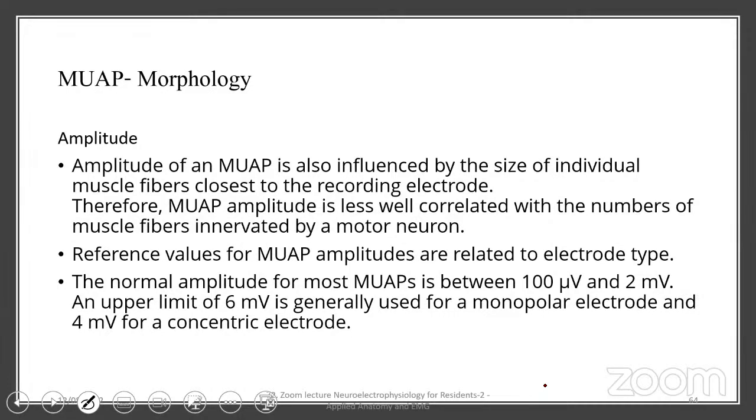So reference values of MUAP amplitudes are related to the electrode type. The normal MUAP amplitude is between 100 microvolts and 2 millivolts. If it is more than 5, we call it giant. An upper limit of 6 mV is generally used for monopolar electrodes and 4 mV for concentric electrodes. But anything above 5, we call giant motor unit action potentials.